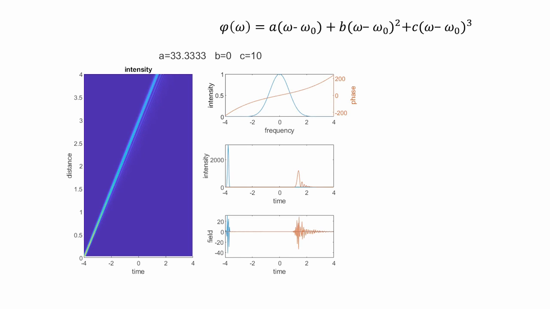That's the red pulse. And you see that the oscillations seem kind of random. That's because you don't have a linear sweep in your frequency. So this is a type of distortion that will introduce satellite pulses. Depending on the sign of C, the satellite pulses will appear after the pulse or before the pulse.